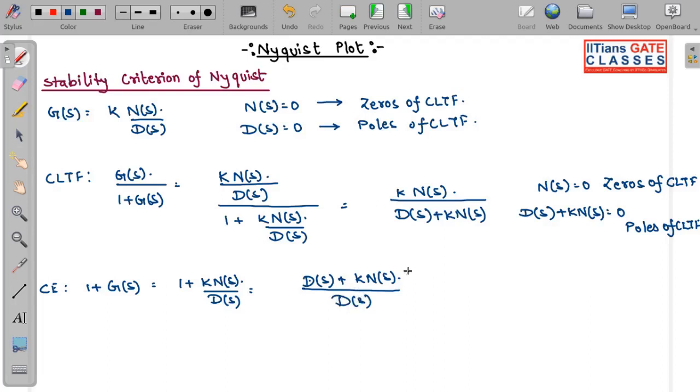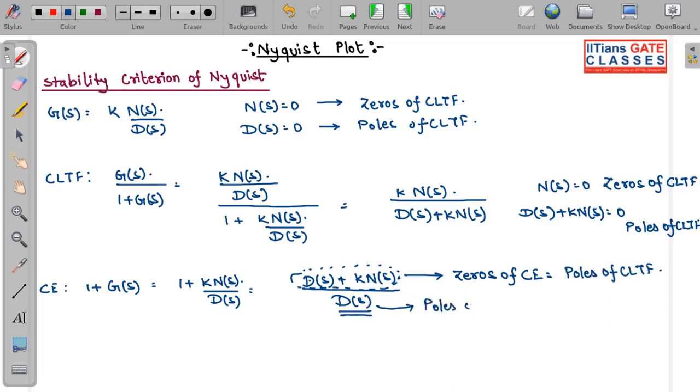Now over here you can see that this numerator part is actually the zeros of the characteristic equation, which is equal to the poles of CLTF, and D(s) equal to 0 will be the poles of the characteristic equation, which is actually equal to the poles of OLTF.